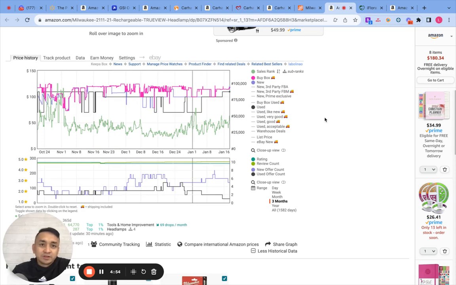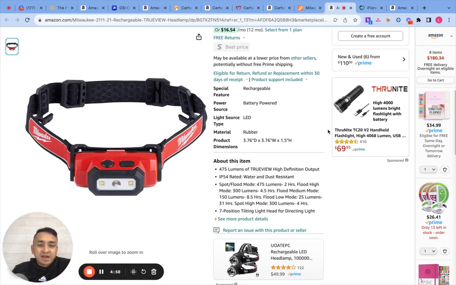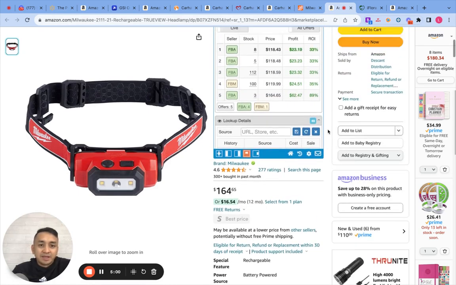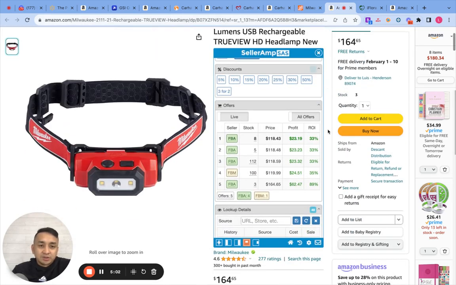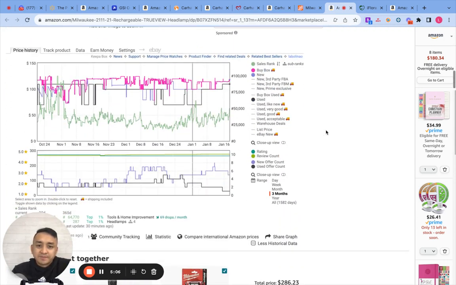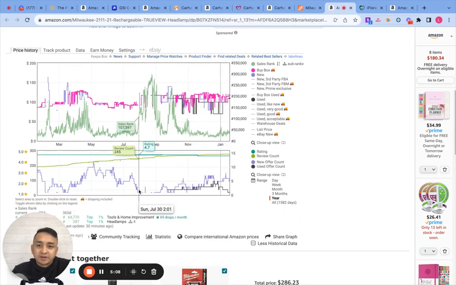If there's one concern, I know this brand Milwaukee gives out IP complaints. IP meaning intellectual property. So I'll be cautious with this product. And also, if you look here, there's a time where there's only one seller, right? There's a huge drop in sellers count.